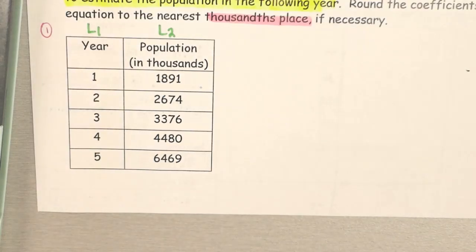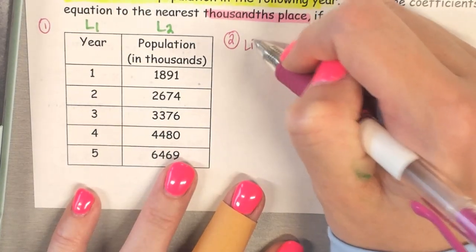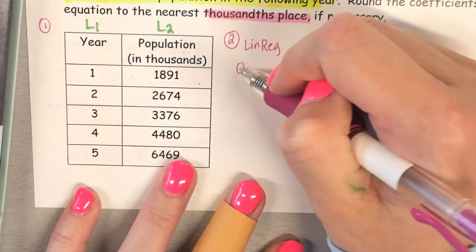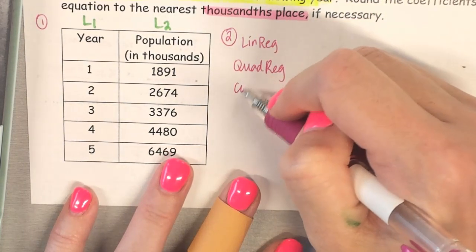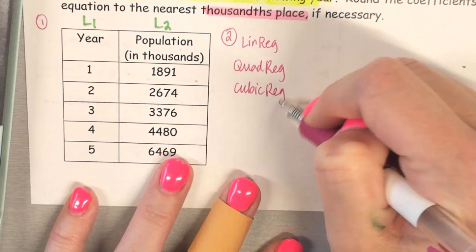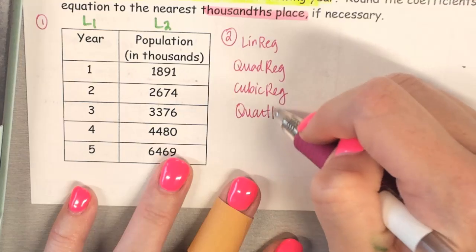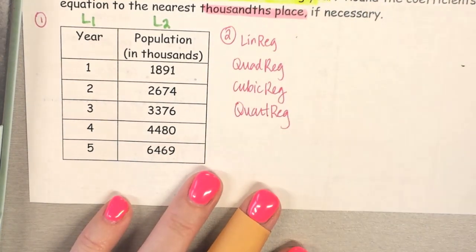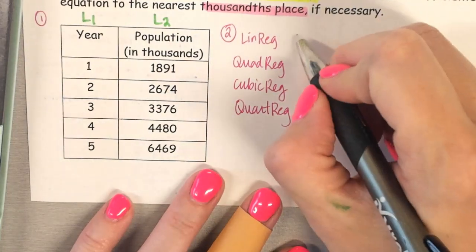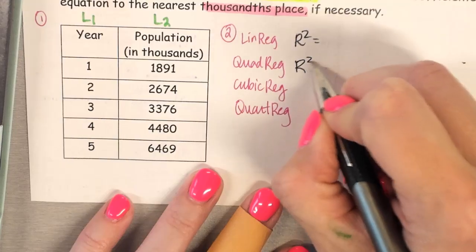Once we do this, now we're going to find our regressions: the linear regression, the quadratic regression, the cubic regression, and the quartic regression. For all of those, I want you to write out what your R squared value is.